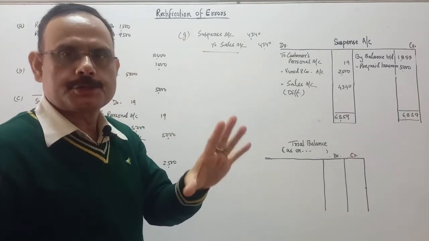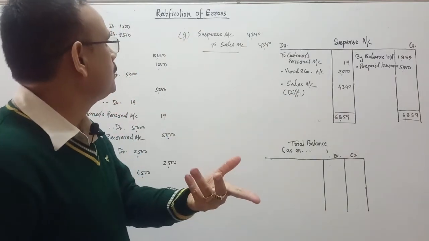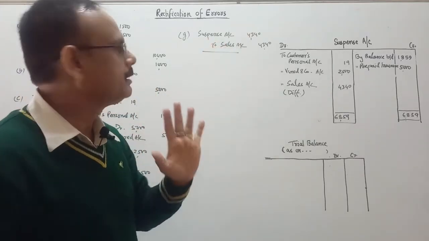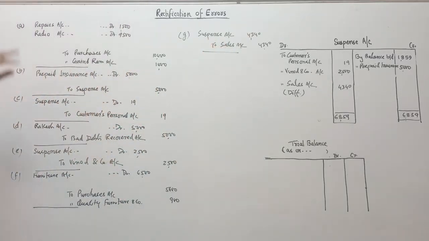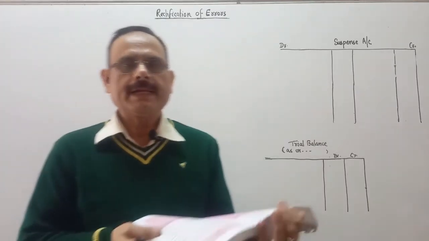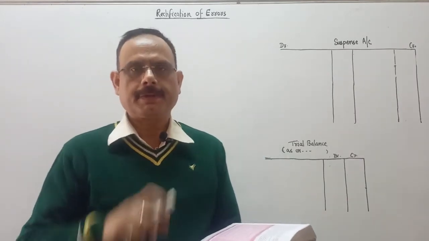So the suspense account is opened on the credit side, so we have to cancel the suspense and credit sales. So these are the rectifications of errors A, B, C, D, E, F and G. Is it clear? Now come to the next question of rectification of errors.